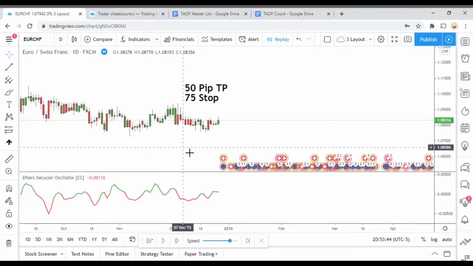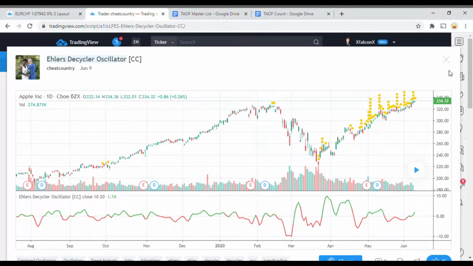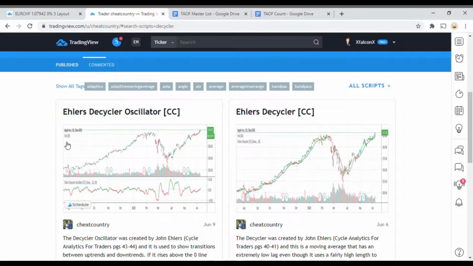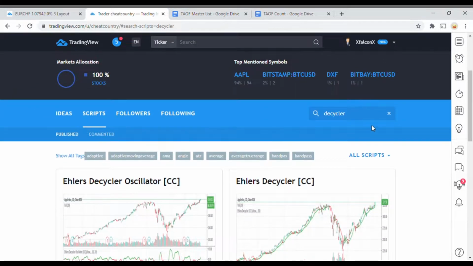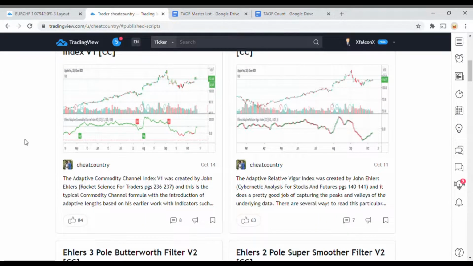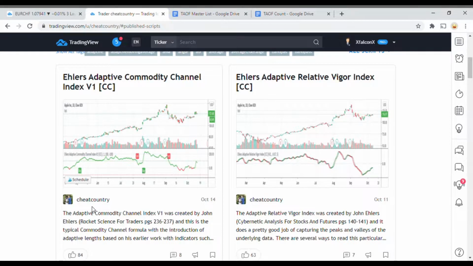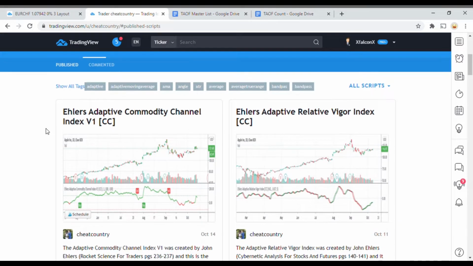Now, what's interesting about the creator of this indicator is that he has a massive amount of the Ehlers indicators that he has created. Let me back out here, and you can see the TradingView member is Cheat Country.